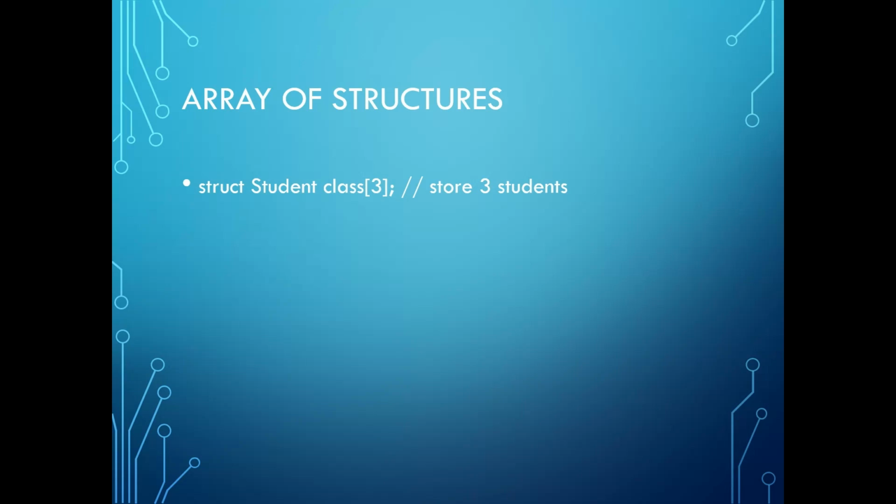Now, array of structures. What is an array of structures here? Just like we can have an array of integers, we can have an array of structures as well. So class[0] is one student, class[1] is another, and so on. This is useful when you want to store a group of objects like 30 students in a class.